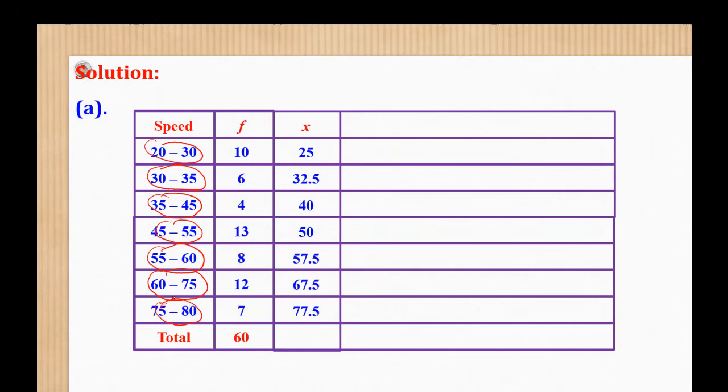Okay, because they ask for the mean, you shall need to get a column of fx. So this times this gives you 250, 6 times 32.5 is 195, 4 times 40 is 160, 13 times 50 is 650, 8 times 57.5 is 640, 12 times 67.5 is 810, 7 times 77.5 is 542.5.